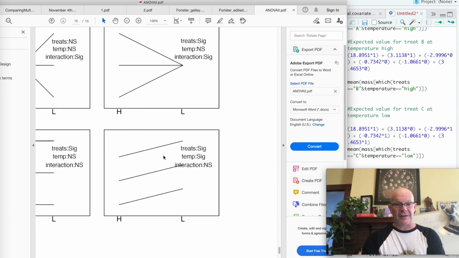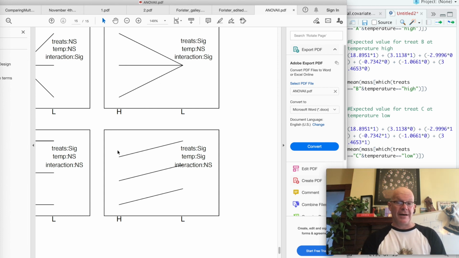And then here's an example of where both treatment and temperature would be significant, but the interaction term isn't. And this is what's meant by additivity. Notice that each treatment has its own mean, right? Whatever treatment this is up here, it does really well, and this one does mediocre, and this one does poorly, okay?